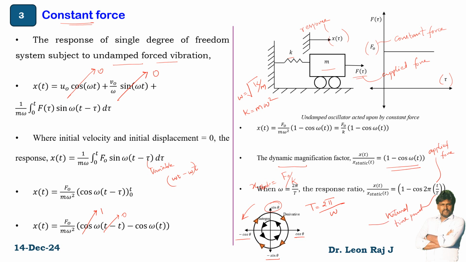Natural time period is related to natural frequency. Natural frequency is related to the stiffness and mass of the system. So this is the difference between the small t and the capital T.